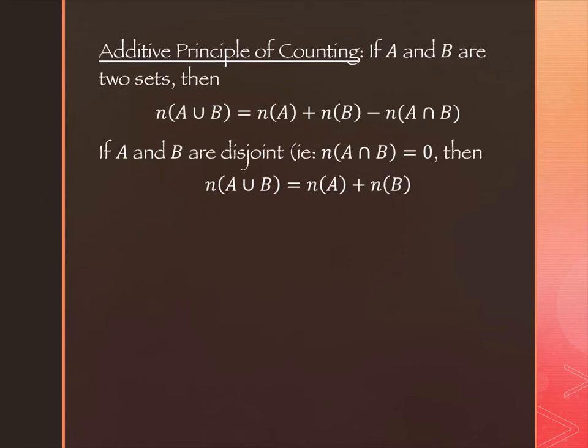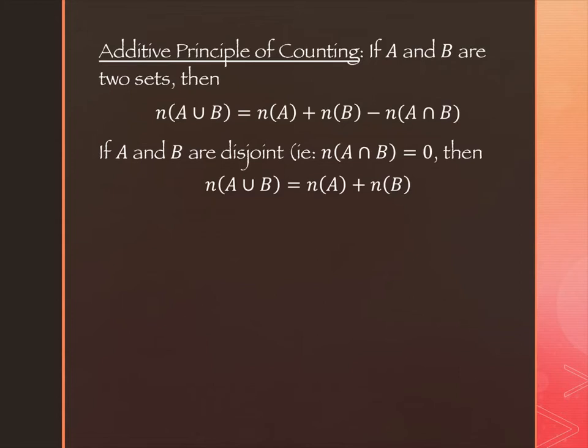And you've actually seen it before, though you might not quite remember. The additive principle of counting talks about what happens when you take 2 sets and combine them. If A and B are 2 sets, then the number of items in the union is equal to the number of items in A plus the number of items in B minus the number of items in their intersection.